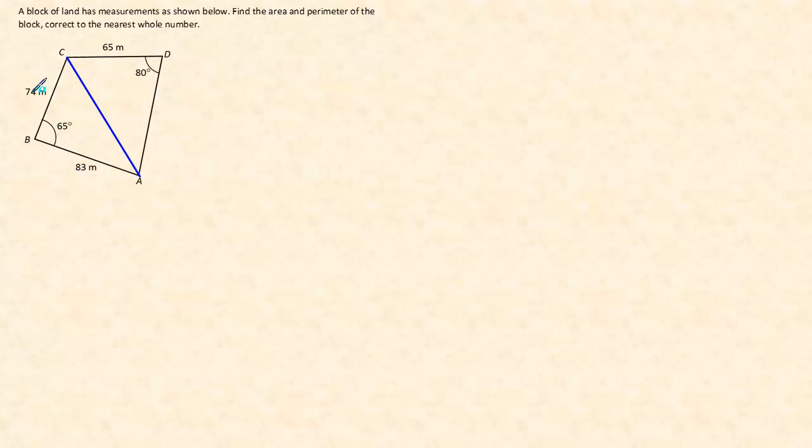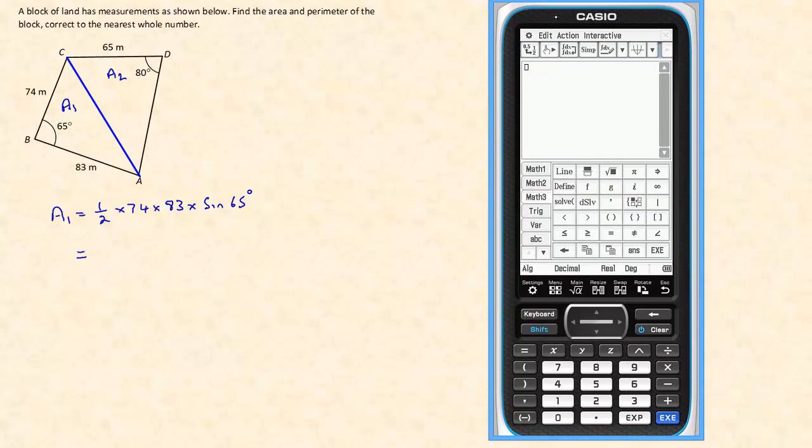Now I know a fair bit in this triangle over here. So first of all, I can work out the area of that straight away. If I call the area of that one A1 and this one A2, I can say that A1 is a half times 74 times 83 times sine 65 degrees. And I'm going to calculate that.